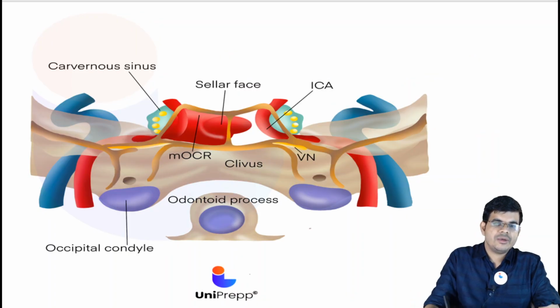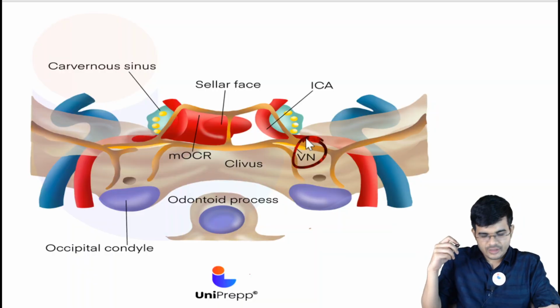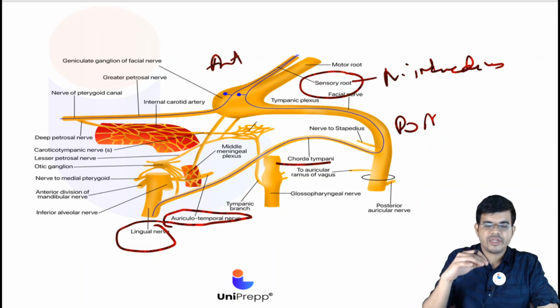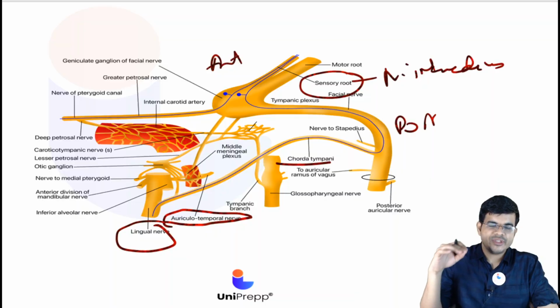So this is the Vidian nerve that you see here in the inferolateral part of the sphenoid sinus. And this Vidian nerve is the one which is responsible for the final secretomotor pathway of lacrimation. So from the facial nerve you have the nervus intermedius part of the facial nerve which is associated with lacrimation, and from the facial nerve arises the greater petrosal nerve.